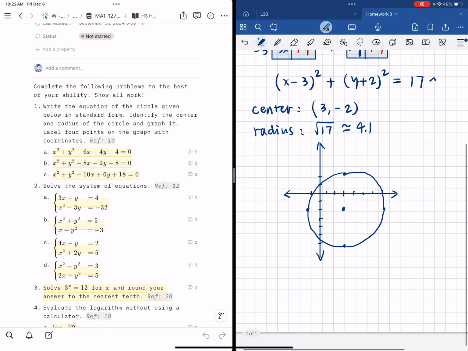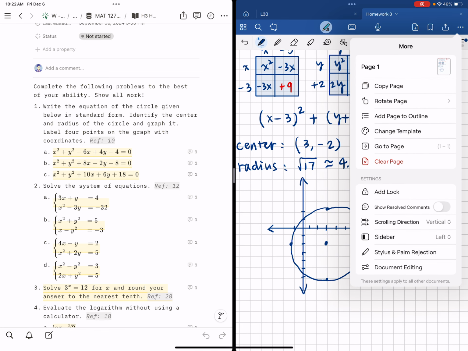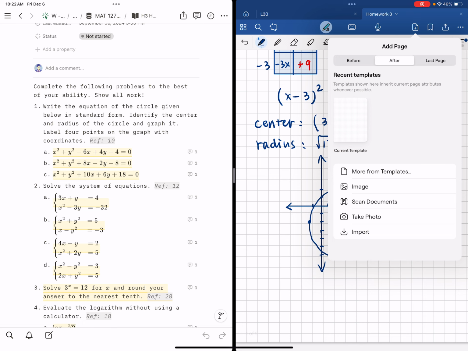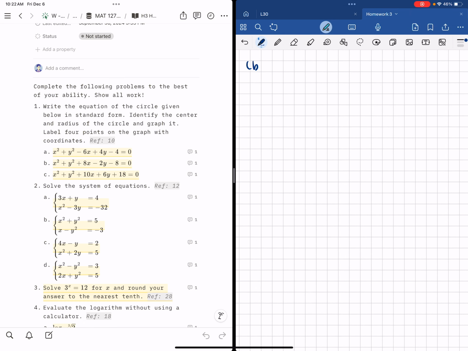All right. And for part B, let's add a page. Let's write down the equation.